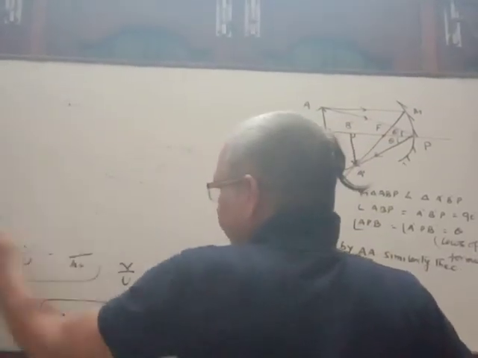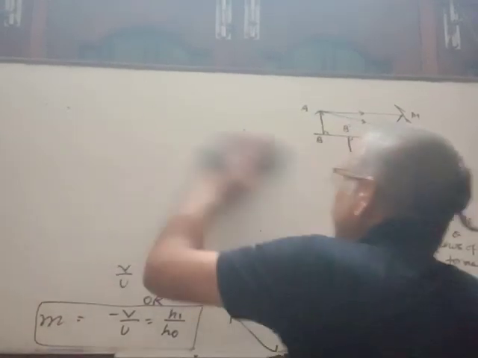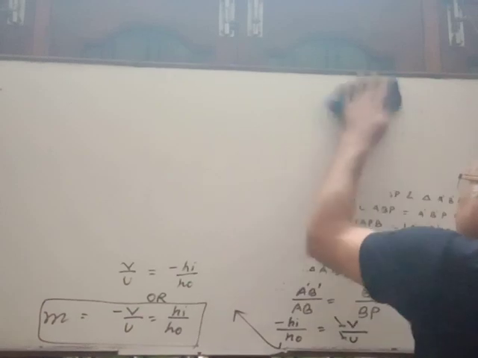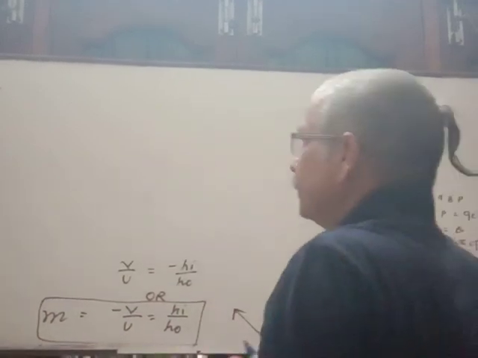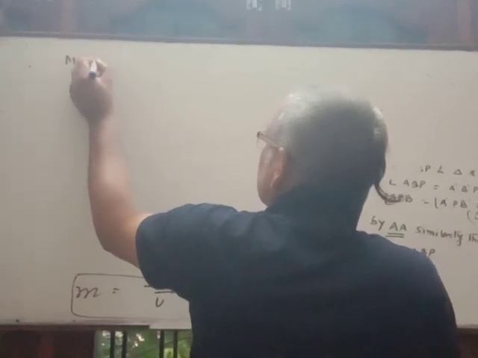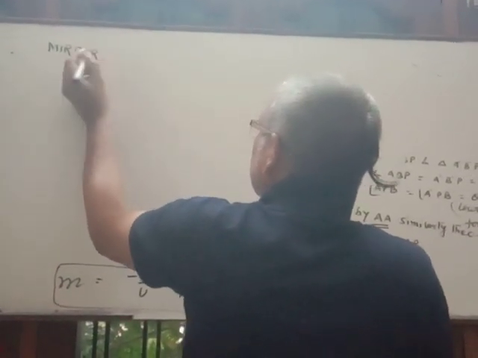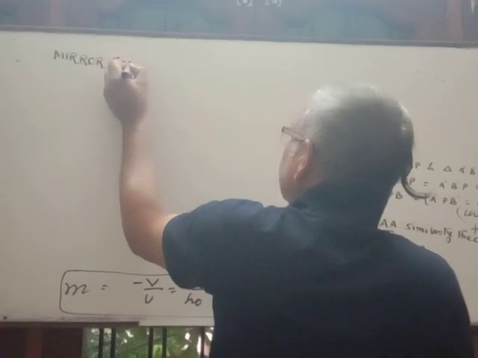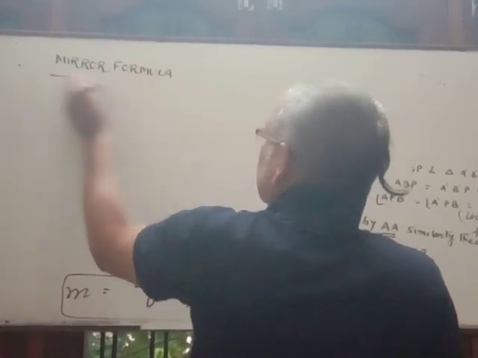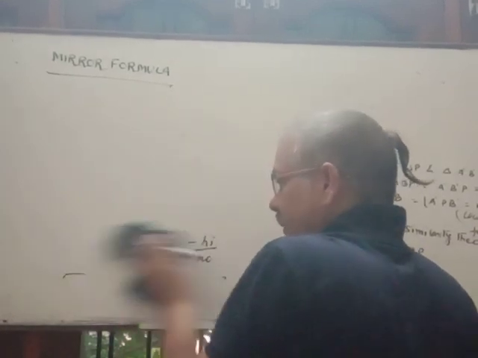The important point is the mirror formula. Actually, derivation of the mirror formula is not in your syllabus. You know it directly. This formula is valid for both types of mirror, concave as well as convex.